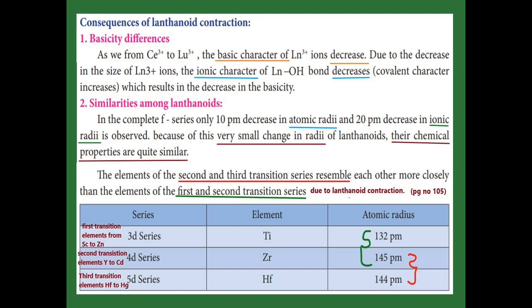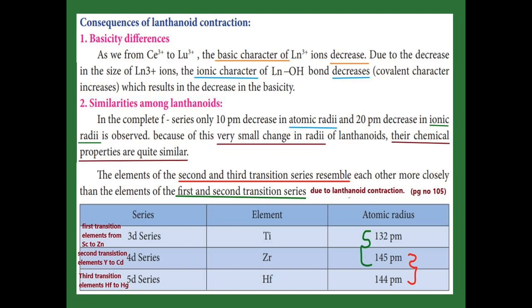This very small change in lanthanoids affects the chemical properties also, so they have the same chemical properties, because the ionic change and atomic change are very small changes only.